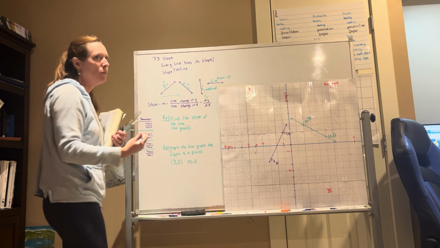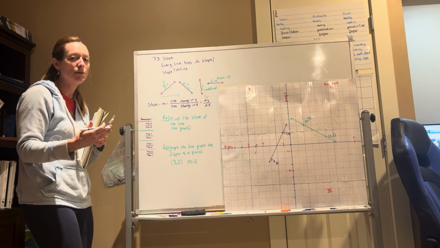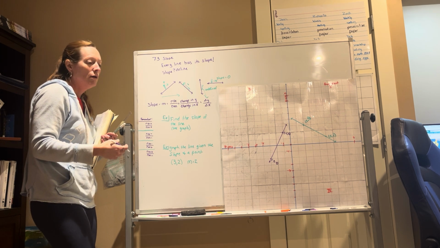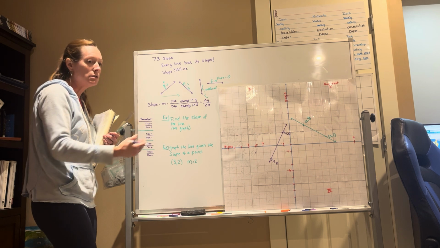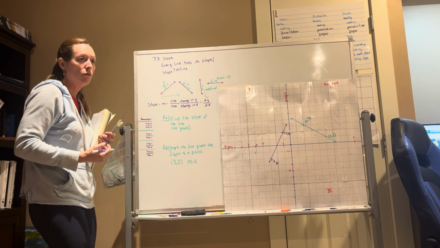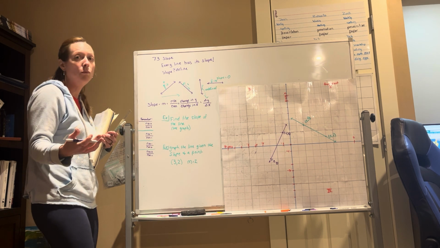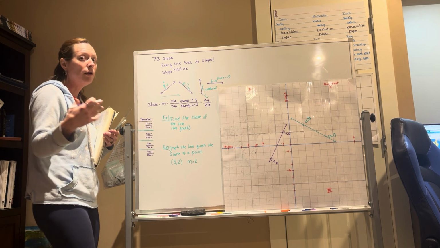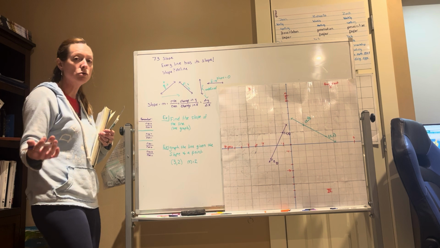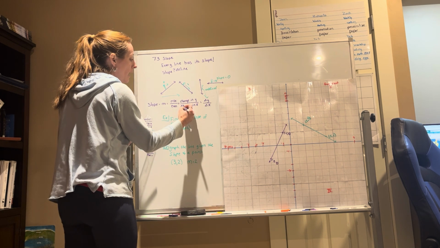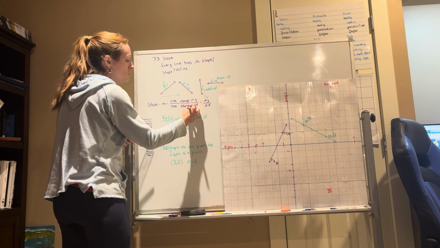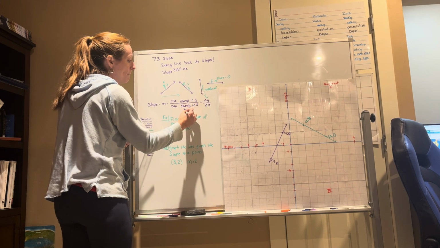Your change in y. When you're trying to find the change in something, if you have 5 gadgets and 3 were taken away from you, what is your change in gadgets? 5 minus 3. So for your change in y, you're simply going to take your second y and subtract your first y.